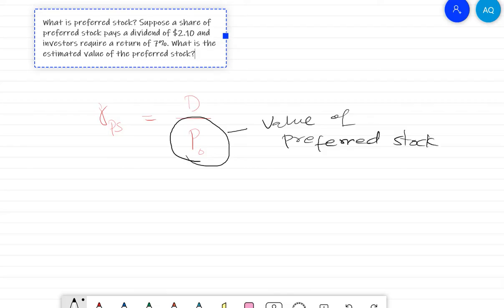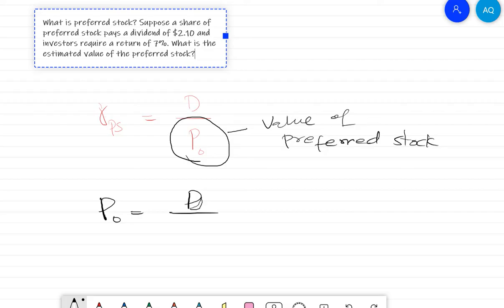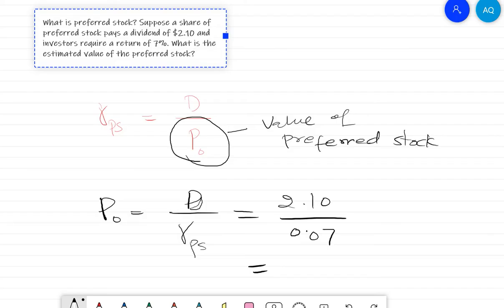So rearrange that formula for P naught. We will have dividend over return on preferred stock. So the dividend is 2.10 and the required return for the preferred stock is 7%. Solve this formula and we will have a value of preferred stock of $30.